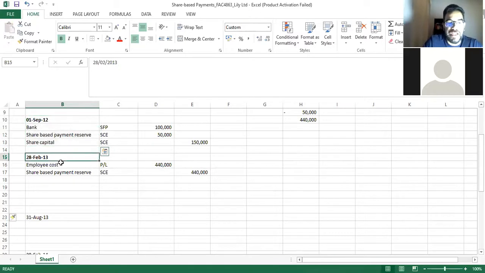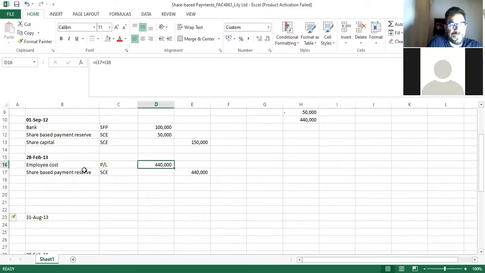We recognize the annual normal share-based payment reserve to record what has vested. And then because there was a modification, a cancellation, we also recognize the acceleration of the remaining amount relating to the original share scheme. That is why this is double the amount, okay?